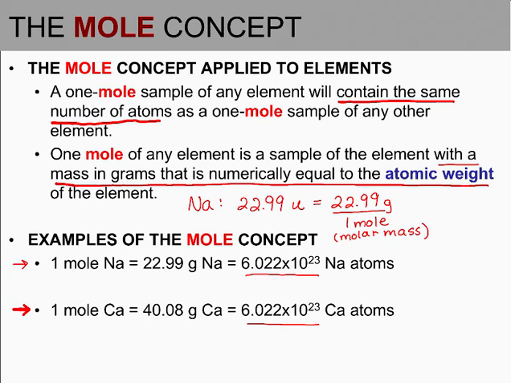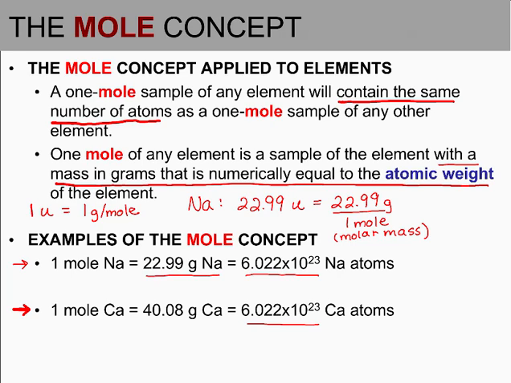So what this really tells us is that 1 atomic mass unit is equal to 1 gram per mole of that same element. So down below, if we have 1 mole of sodium, that also means we have 22.99 grams of sodium.